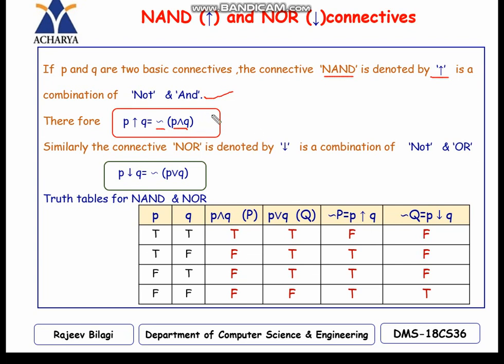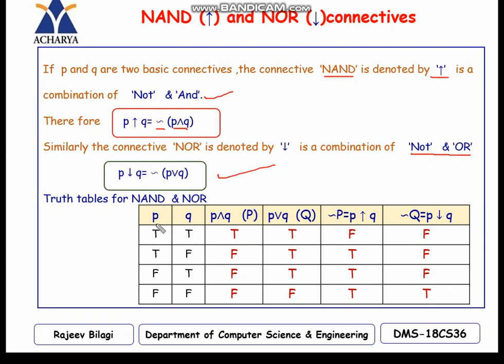Okay. Similarly, NOR is NOT plus OR, which is represented with a downward arrow, P downward arrow Q is equal to negation of P or Q. So this is what the NAND and NOR basic connectives are, and the truth table will be written like this.